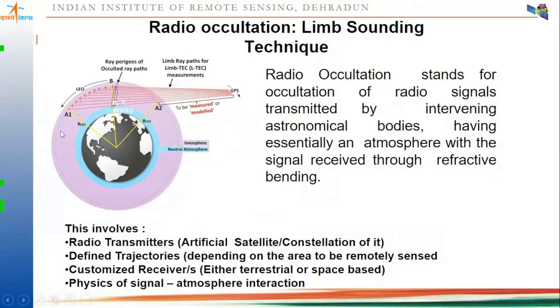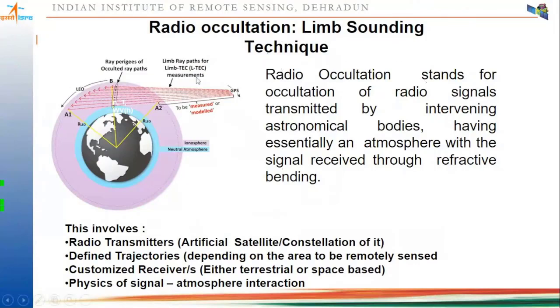So it is because of this refraction only that it is receiving. So this is another kind of occultation, a space-based observation, which we use for atmospheric studies with the radio occultation technique. Another is what we call the limb sounding technique.